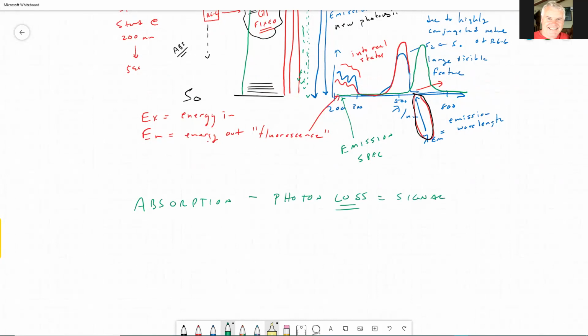And literally, there's source, monochromator, sample, and then detector. And there's a direct line between the source and the sample, the source and the detector, right? This is in a line, or a straight line.